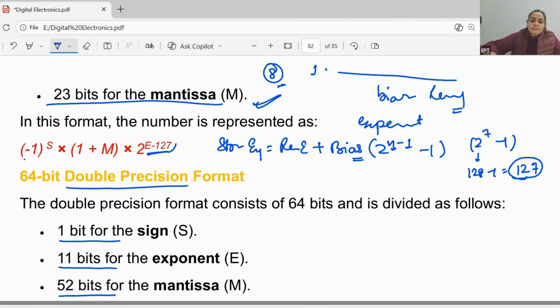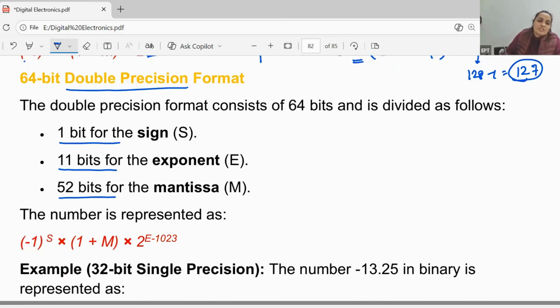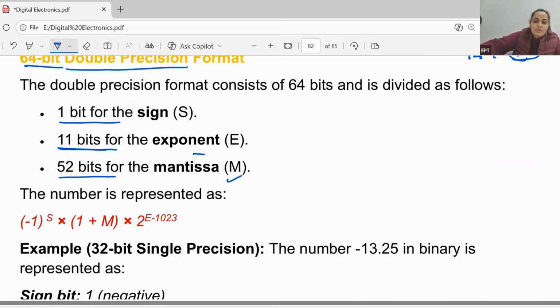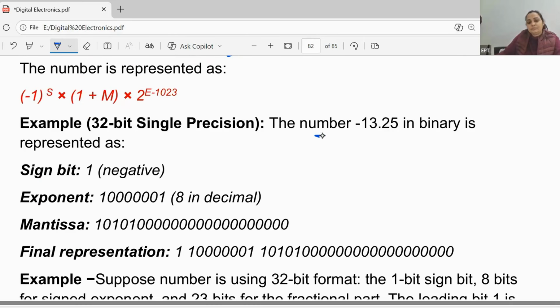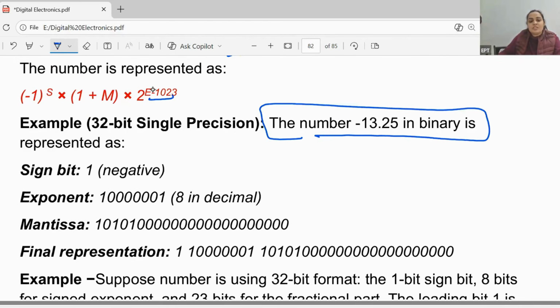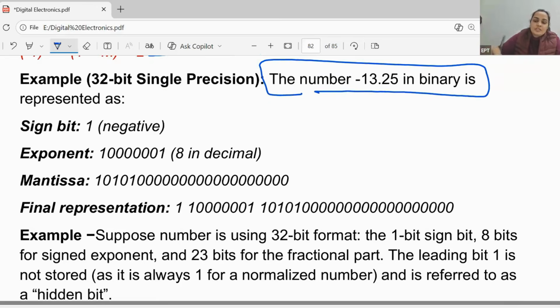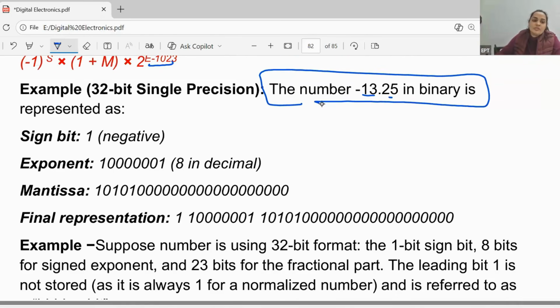Now in the 64-bit format, 11 bits for the exponent and 52 for the mantissa. Now let us take an example. Represent minus 13.25 using 32 bits.